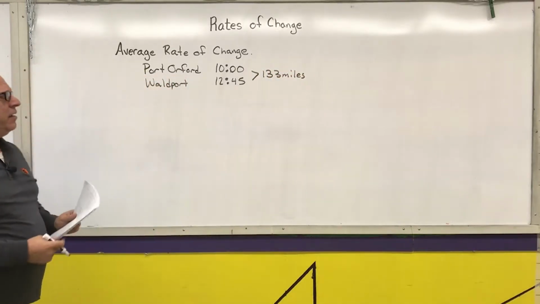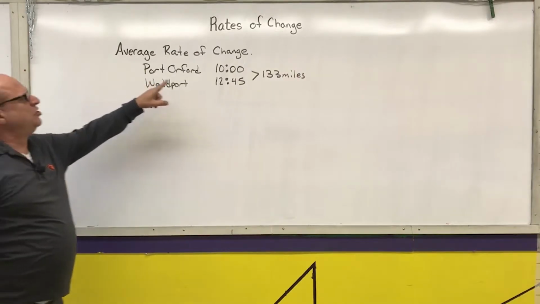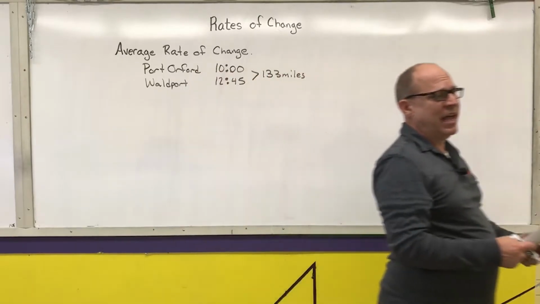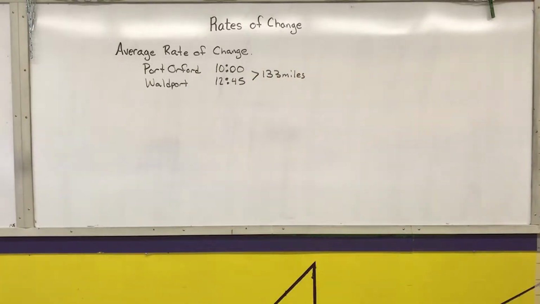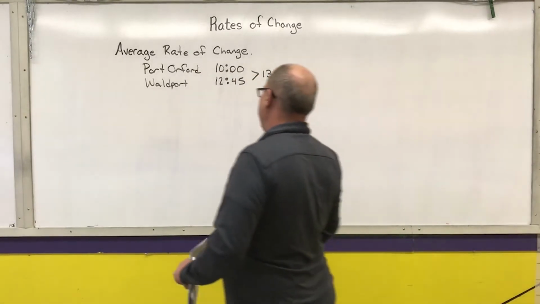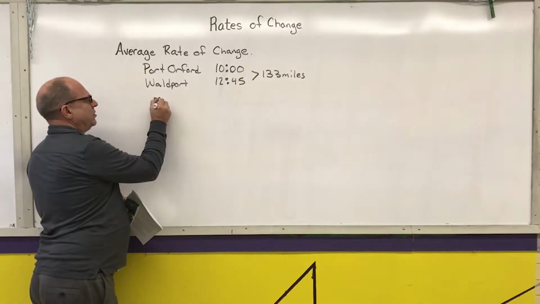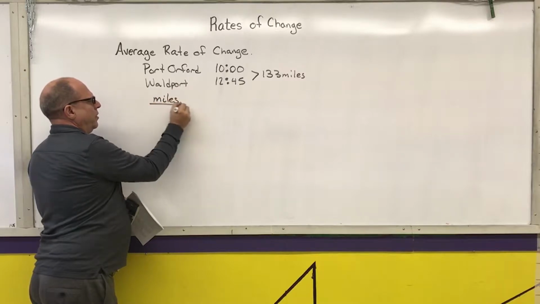If I calculate what was my average speed over that distance, that would be an average rate of change. So what I want to know is my average speed, and my average speed would be miles per hour.